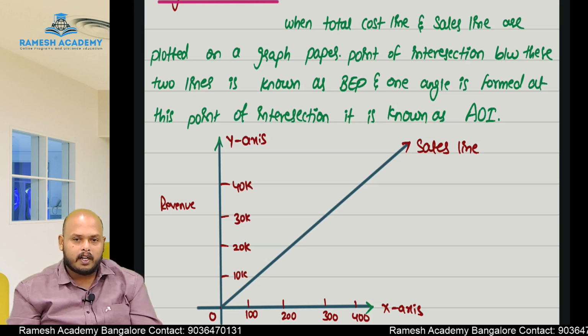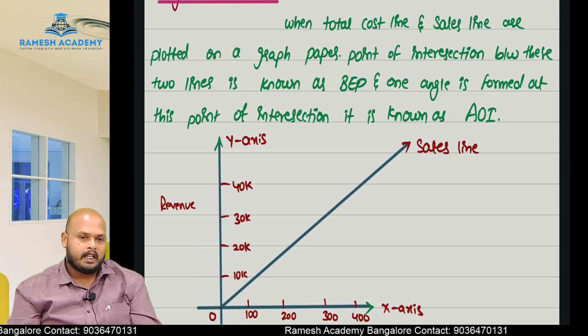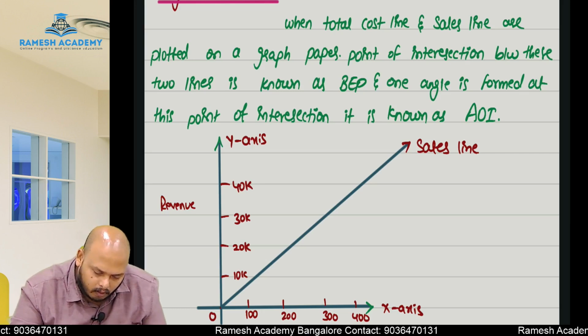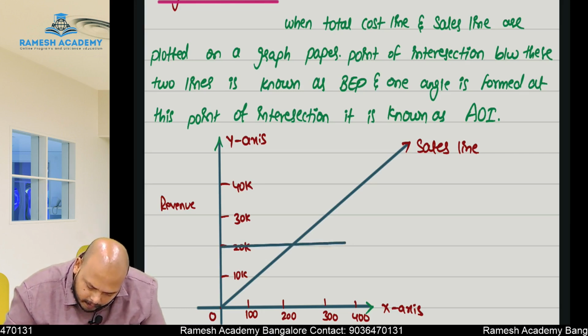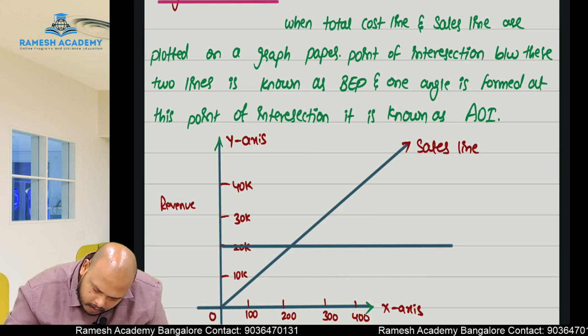When you are selling 400 units, still 20,000. We know the definition of fixed cost is a cost which remains constant irrespective of the production capacity. So here the fixed cost line will be which line? Straight line. The fixed cost line will be a straight line.